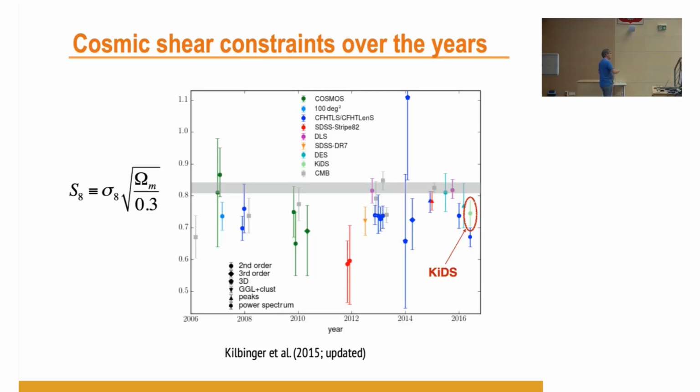Over the years, as the amount of data grew, we also realized we had to take into account more and more complications in the data analysis. So the net result is that the error bars have shrunk relatively little. Nonetheless, the measurements overall have stayed quite stable.